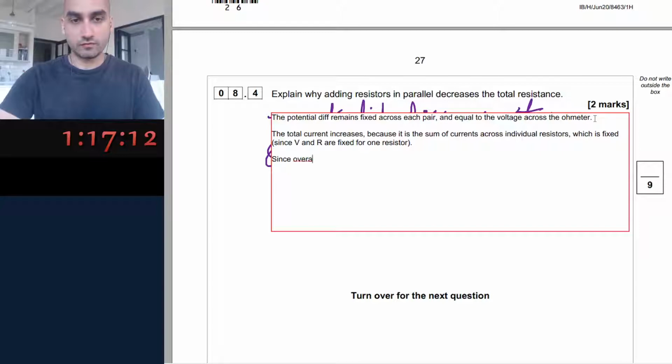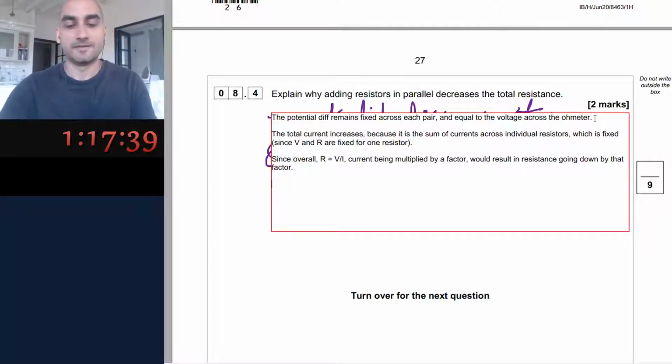Since overall R equals V over I, current being multiplied by a factor would result in resistance going down by that factor.